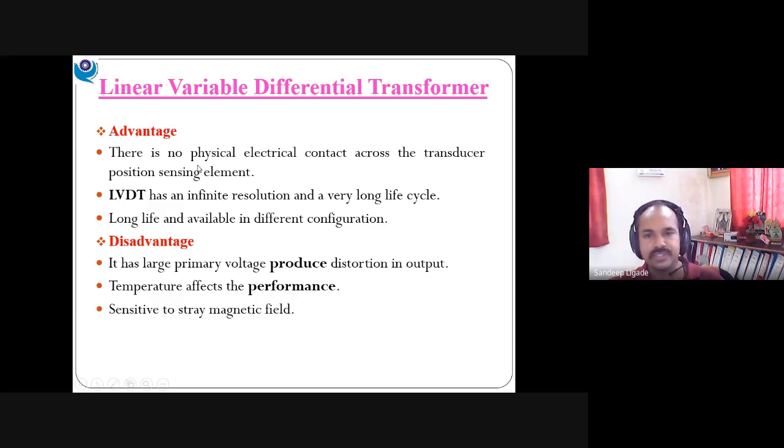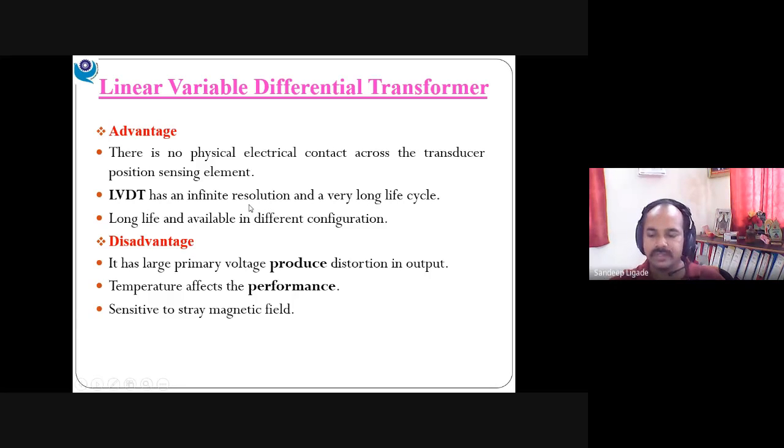There is no physical electrical contact across the transducer position sensing element. Second, LVDT has an infinite resolution and a very long life cycle. Exactly, we call that robust. That's why it has a long life and a high, infinite resolution, right?